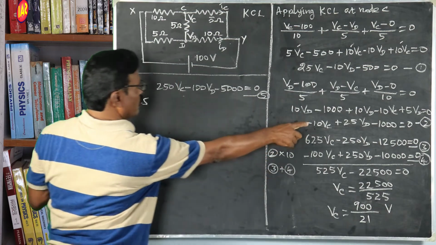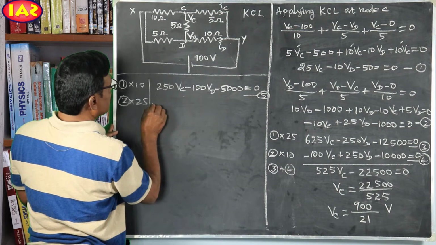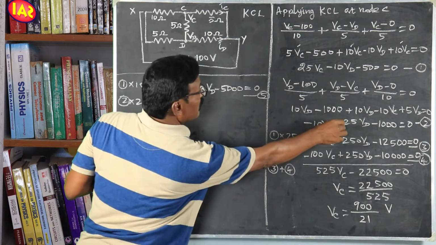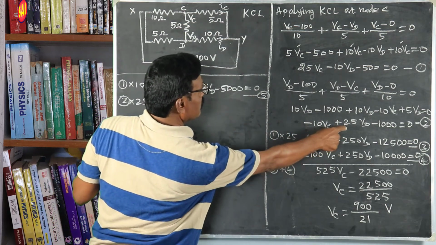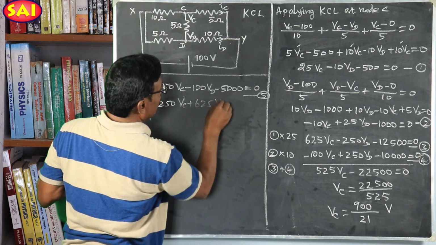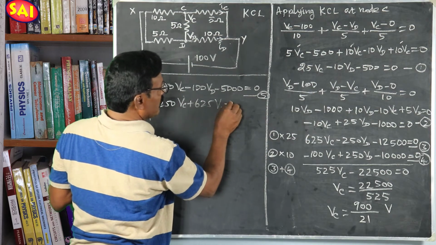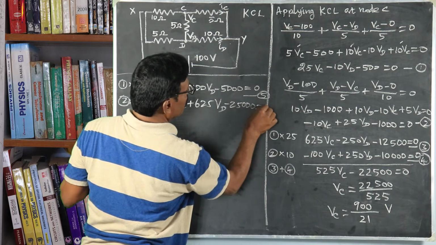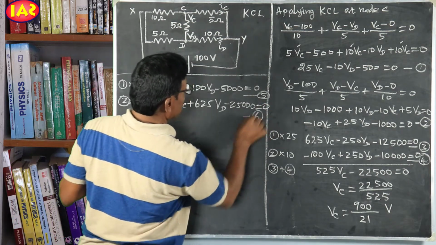So equation 2 into 25 will be equal to minus 250 VC, 25 into 25, plus 625 VD, 1000 into 25 will be 25,000 equal to 0. Let it be equation 6.